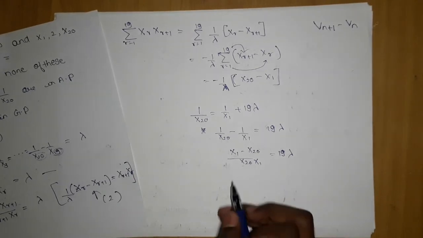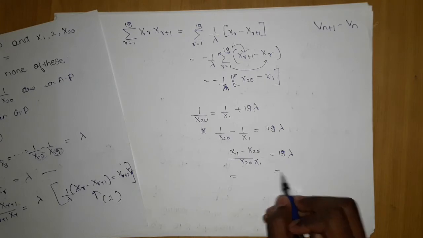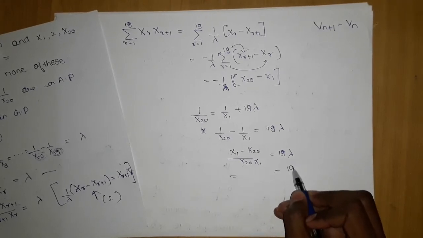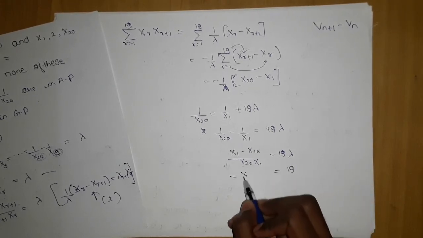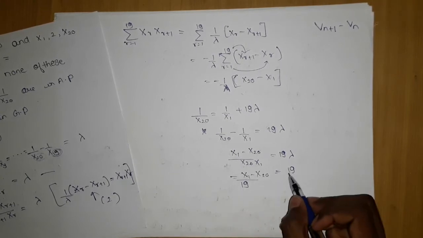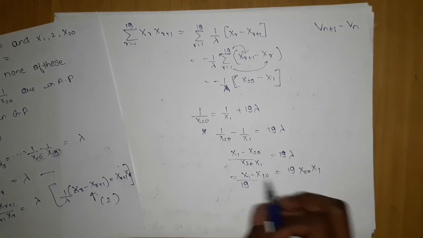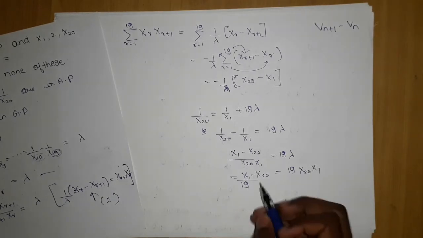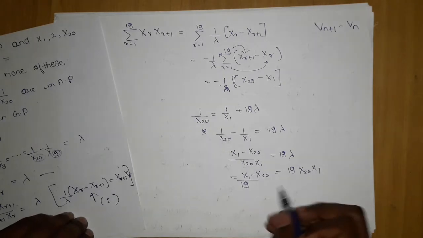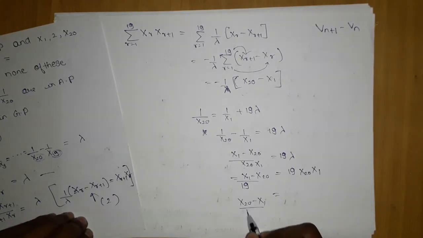So what do we want? This will become 19 times lambda, with x1 minus x20 upon 19. I will bring the 19 here, so x20 into x1 will come here, and this is x1 minus x20. To create x20 minus x1, I will take a minus sign out, so it will become x20 minus x1 upon 19.